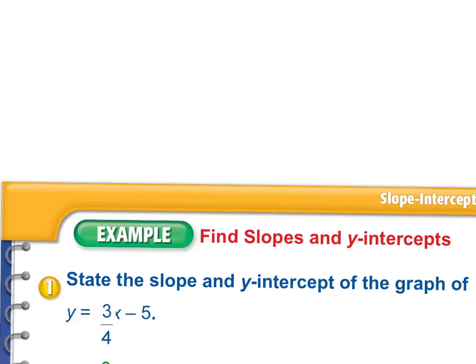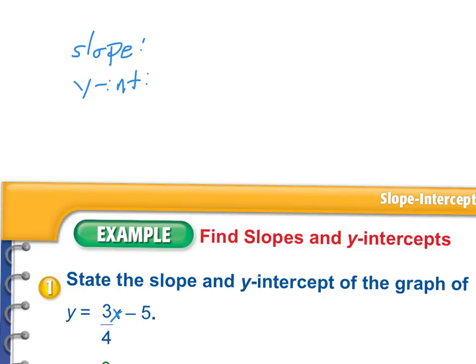It's hard to see here because there's some trouble with this fraction in this PowerPoint, but this should say 3/4 x, right? Y equals 3/4 x minus 5. All it wants me to do is state what is the slope of this line and what is the y-intercept of this line.